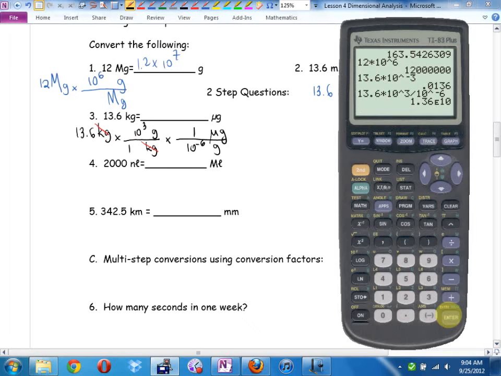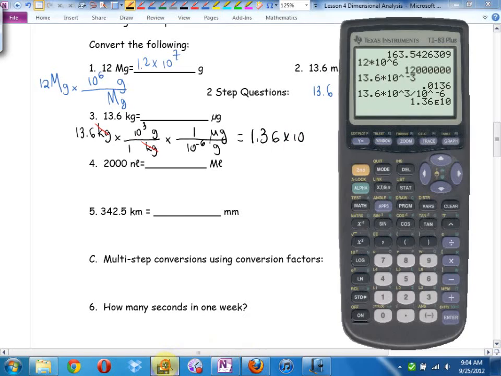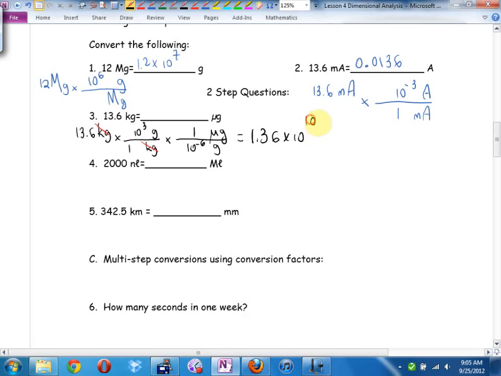How do I read that, Amanda? 1.36 times 10 to the 10th power. That E on my calculator is a symbol for times 10 to the. You need to figure out how your calculator works. 1.36 times 10 to the, what was it, 10th? Micrograms.